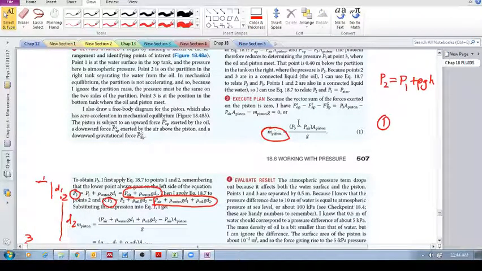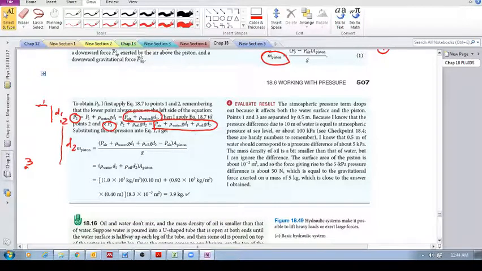The mass of the piston is pressure 3 minus the pressure of the air, multiplied by the area of the piston, divided by gravity. So P3 was this. We plug that in, minus the air pressure times the area of the piston, and you multiply out and you get this mass over here. I think that's pretty straightforward. It would be good if you could also read through this, evaluate the result, and see if you understand. Okay, cheers.